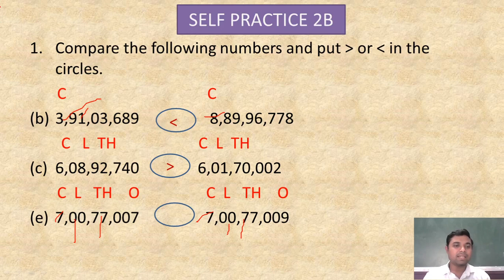As here lakhs periods are same, thousand periods are same, that's why we write the periods thousand, lakhs. Now 007 and 009. So which is more? 007 is less than 009. So put less than symbol. So easy.